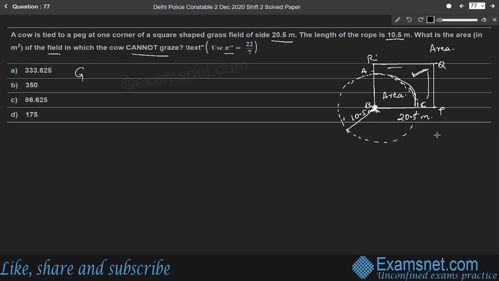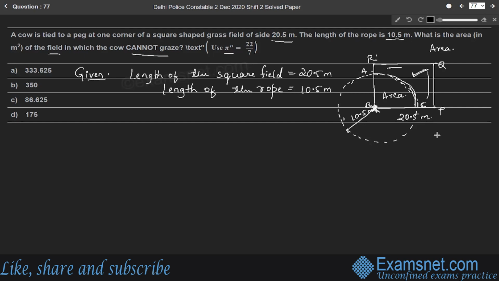Here given that length of the square field is 20.5 meter and the length of the rope is 10.5 meter, right?